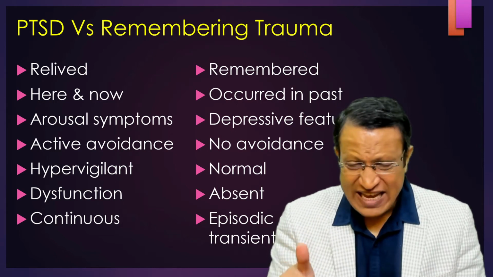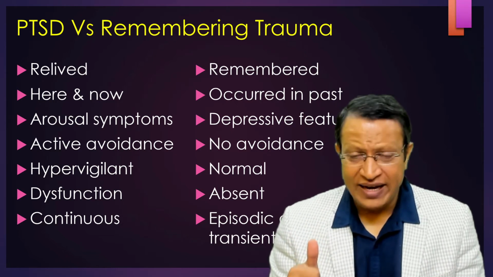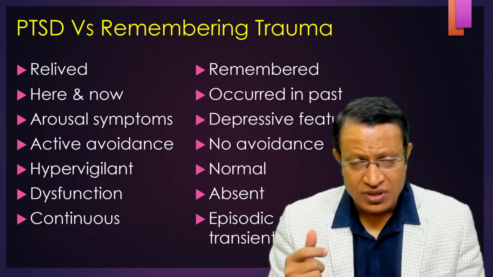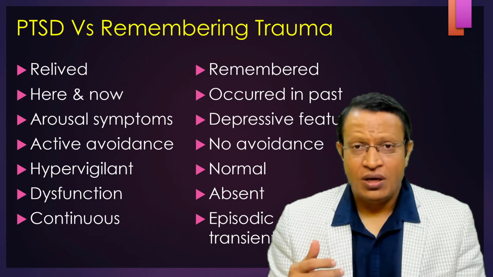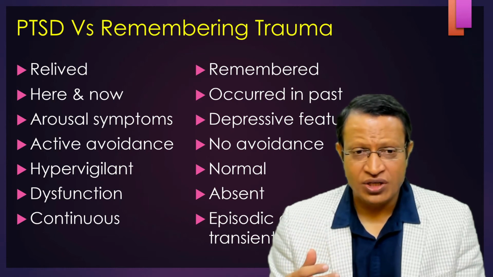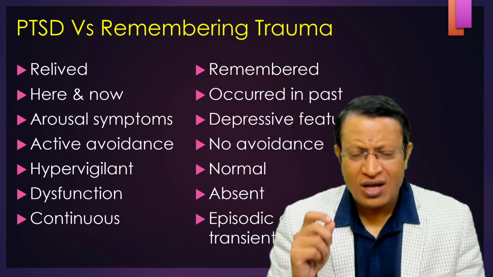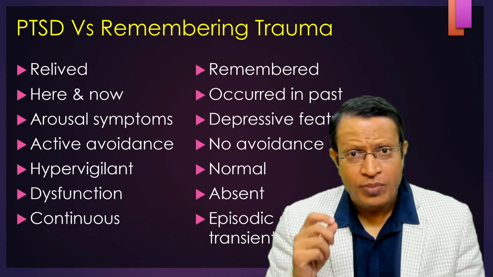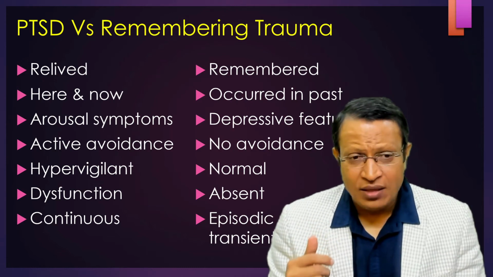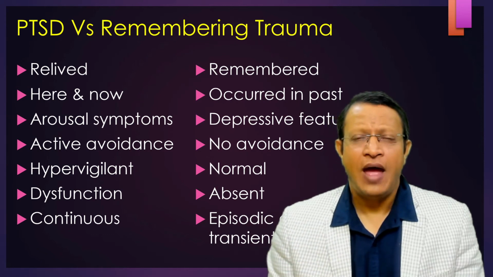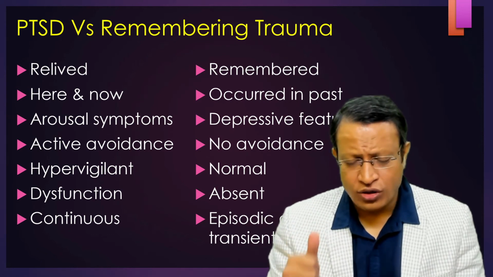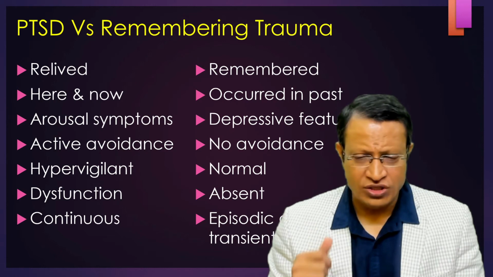He will have increased arousal symptoms, panic attacks, tremors, sweating. At the same time, he will have increased vigilance, hyperventilation, active avoidance. He will not answer certain questions. He will say, I will not be able to remember. He becomes irritable. Sometimes hypervigilance will be classical here. And there will be classical dysfunction with regard to social, occupational, and biological function.